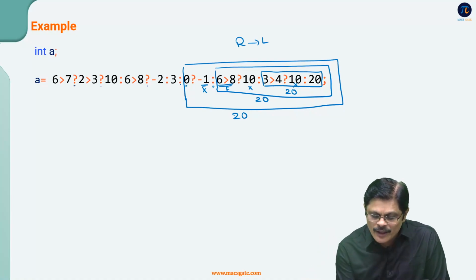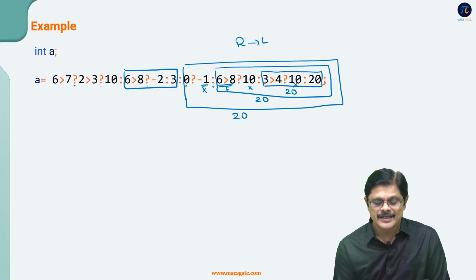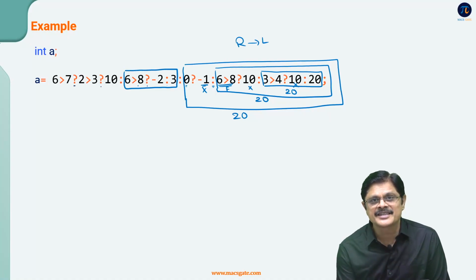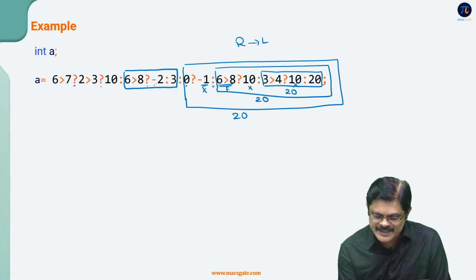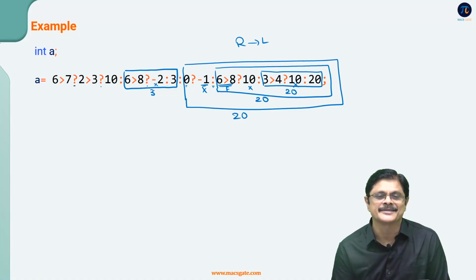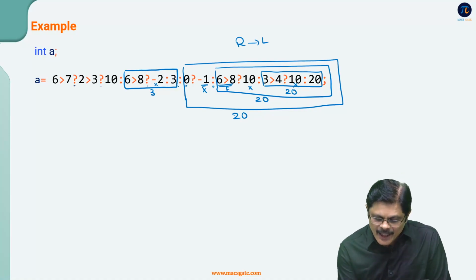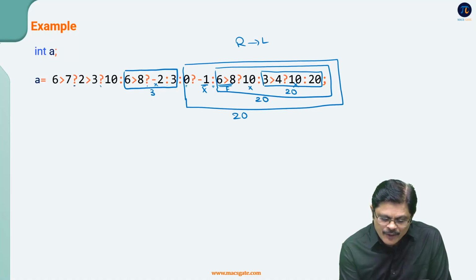Now, again you see colon, but immediately you do not find a question mark. Do not worry, just move left, colon and you see question mark. For this colon, this is the question mark. So, you got this expression. 6 greater than 8 is false. False means this is ignored and the answer for this is 3. Now again move, there is a colon and a question mark.